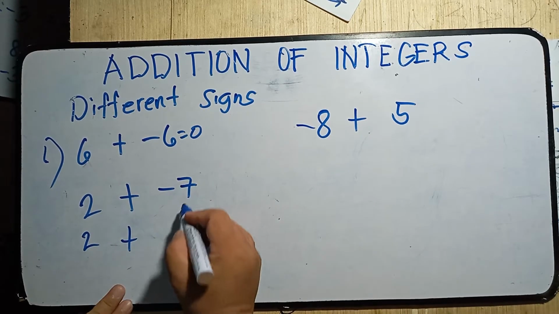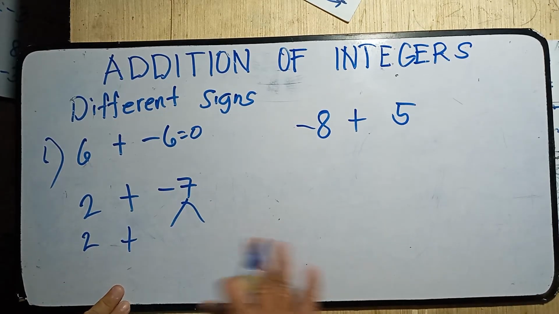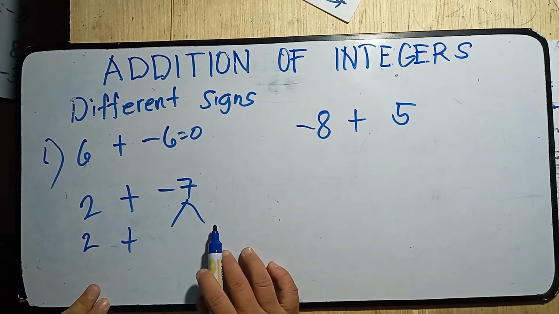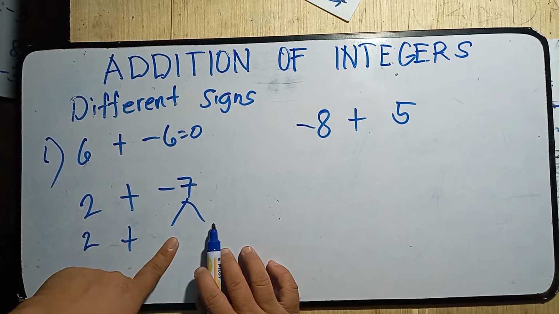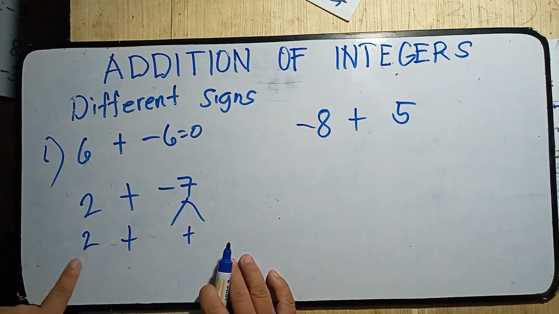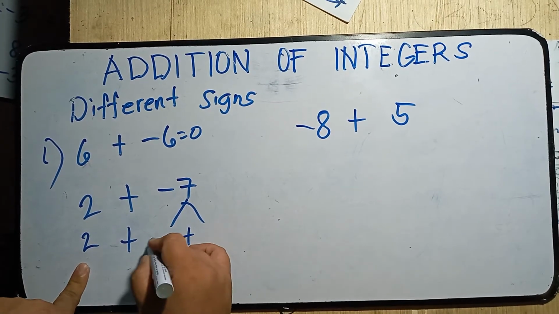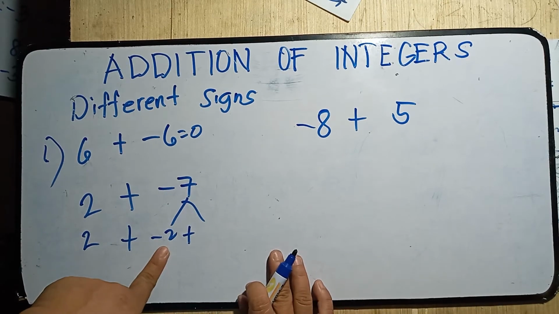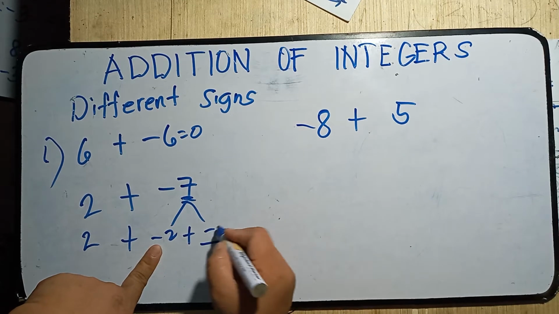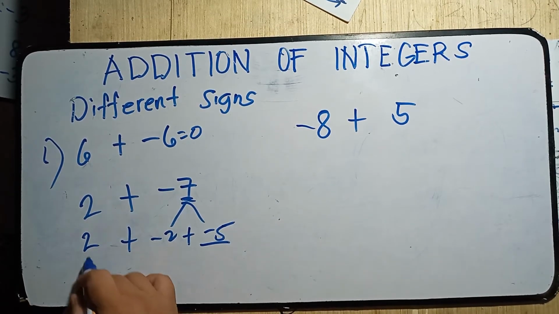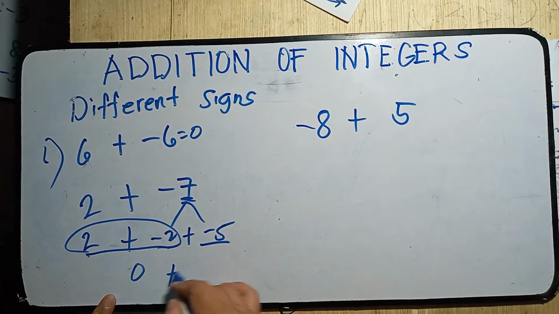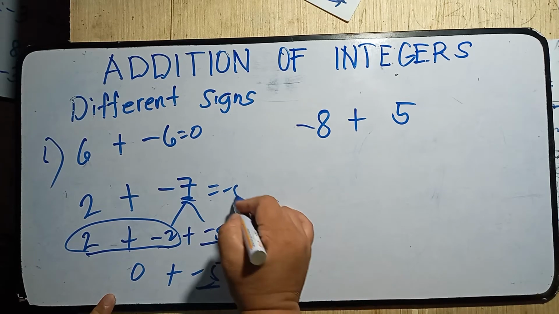So, let us split negative 7, the one with the greater absolute value, such that one of its addends is the opposite of this number. So, that is negative 2. What must be added to negative 2 to get negative 7? Negative 5. So, negative 2 plus positive 2 is 0. Plus negative 5 is negative 5.